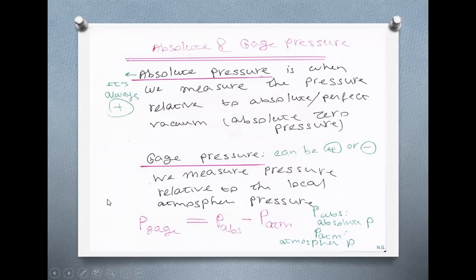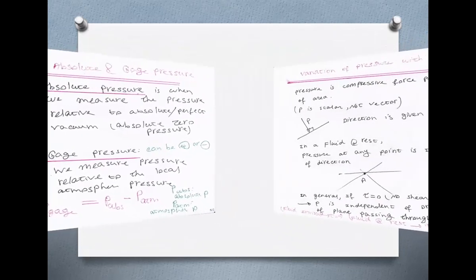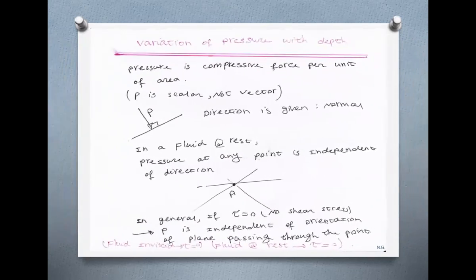This distance is the absolute pressure of the fluid, which is a summation of these two distances. This part, the distance from the pressure of the fluid to the pressure of the atmosphere, is the gauge pressure of the fluid, and then this distance shows the pressure of the atmosphere. So the pressure of the atmosphere plus the gauge pressure of the fluid is the absolute pressure of the fluid. We have the formula right here. ABS shows the absolute pressure of the fluid, gauge means the gauge pressure of the fluid, and ATM means the pressure of the atmosphere, right?